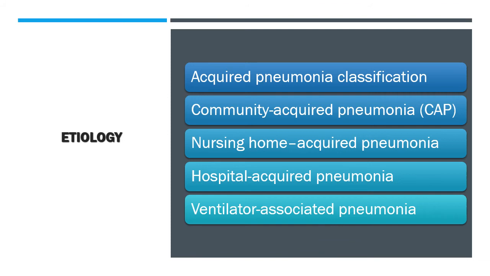In general, the most important pathogens are Pseudomonas aeruginosa, methicillin-resistant Staphylococcus aureus, or MRSA, and methicillin-sensitive Staphylococcus aureus. Enterobacter and E. coli and Serratia are also hospital-acquired pneumonias.